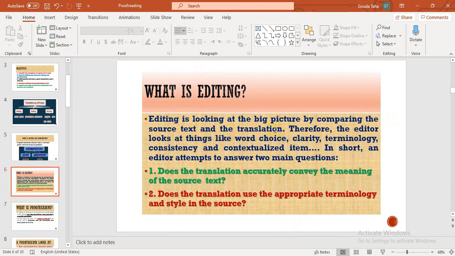So while you are doing editing, you have of course made your first draft of the text. So after you're done with your draft, you need to compare the source text with the target text, with your draft. Why? You need to look at word choice. Have you chosen the word appropriately? And is your draft clear?